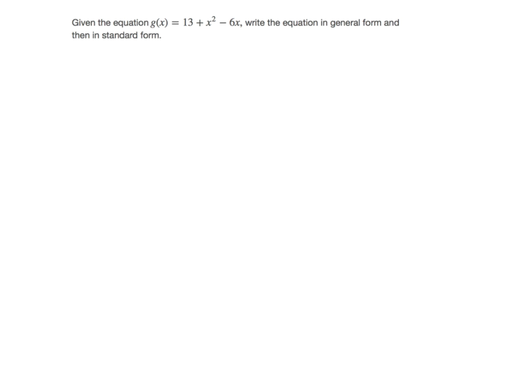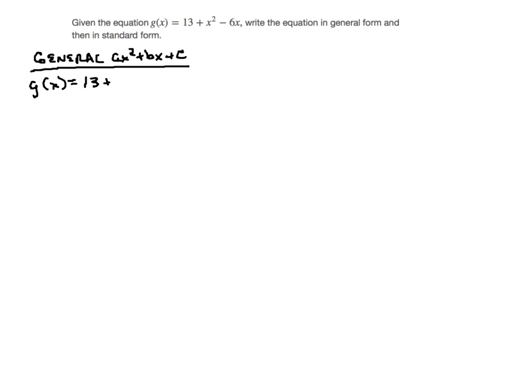All right, given the equation 13 plus x squared minus 6x, write the equation in general form and standard form. So the general form, we're almost there. General. That's ax squared plus bx plus c.